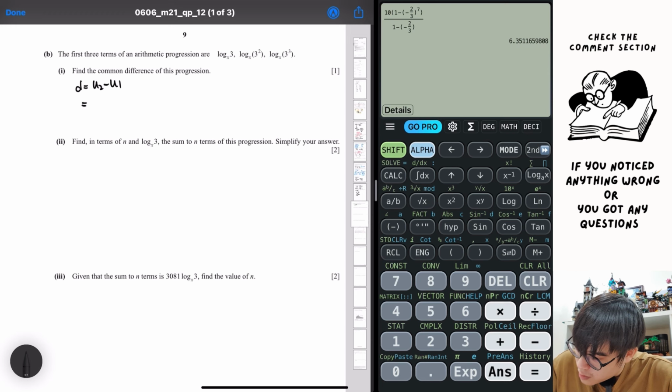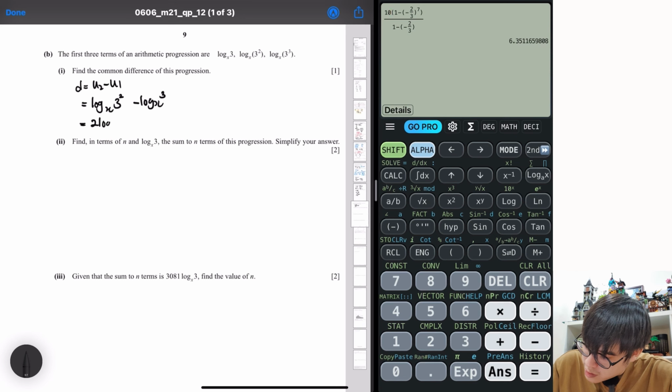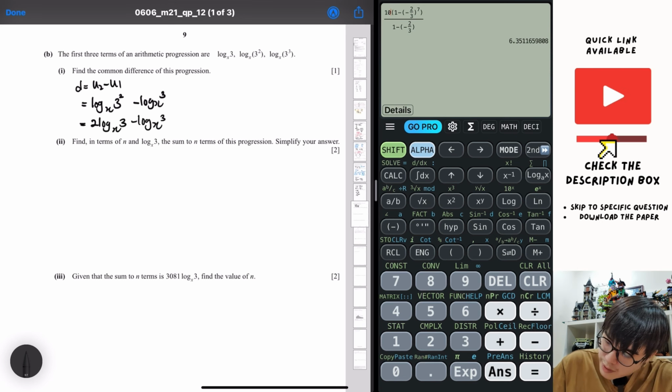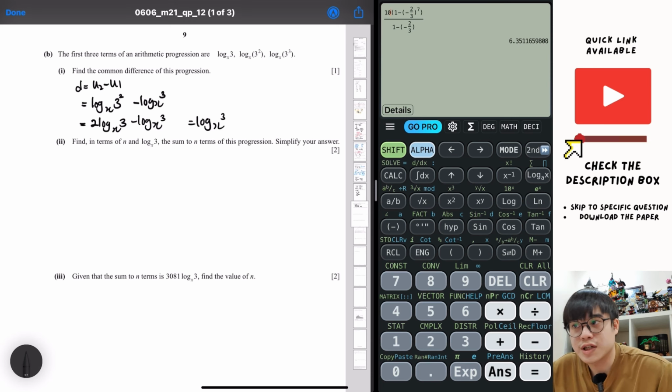Okay, we have log x3 squared minus log x3. So it's basically 2 log x3 minus log x3. So you only have 1 log x3 as the balance. So this will be our common difference here, log x3.